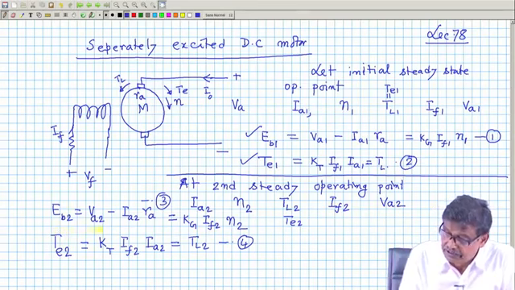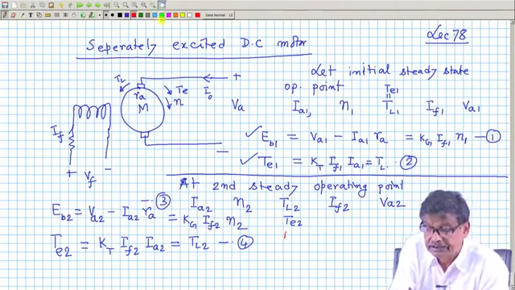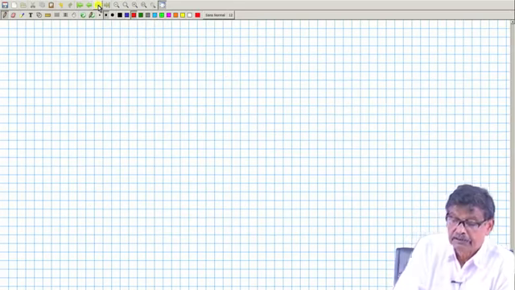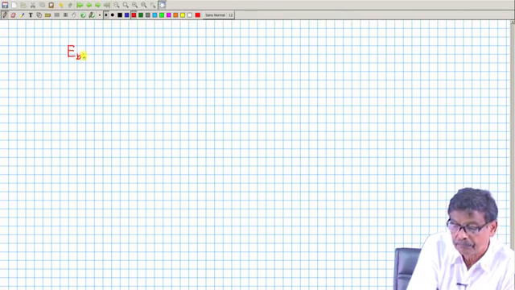Once again write down these two equations, back EMF and torque. Then your next step is to take the ratio. I will write it on the next page. Take the ratio of EB1 by EB2, invariably you do this.